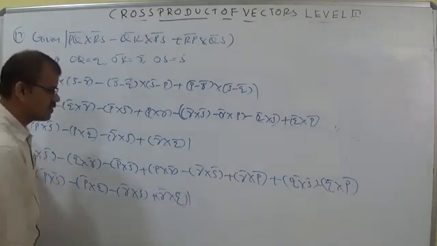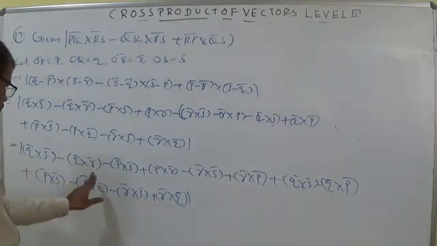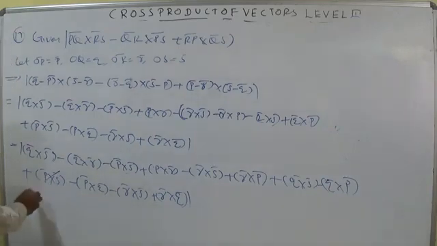Try to understand which terms get cancelled, students. Q cross S is there, another Q cross S is not there yet. Minus Q cross R and plus R cross Q, it is also not cancelled. P cross S minus P cross S and P cross S plus cancel.